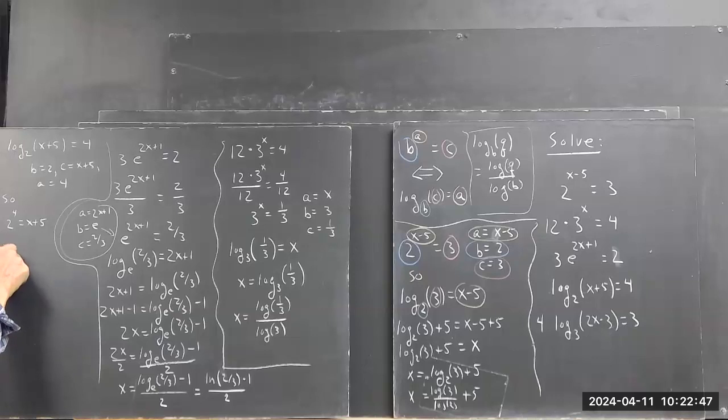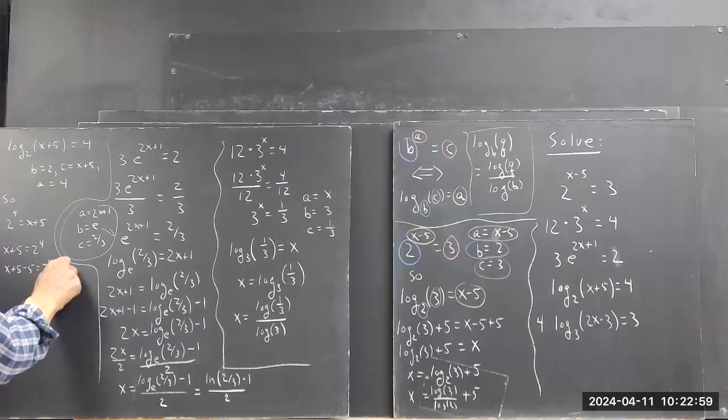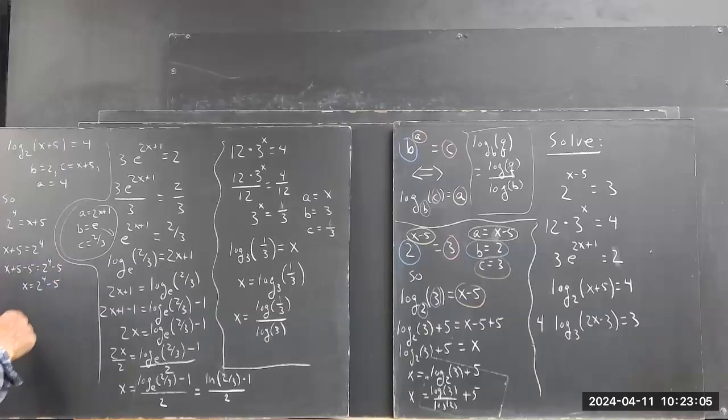So we have x plus 5 equals 2 to the 4. Well, we subtract 5 from both sides. Then we get x equals 2 to the 4th minus 5. Of course, 2 to the 4th is 16. So this is 11.